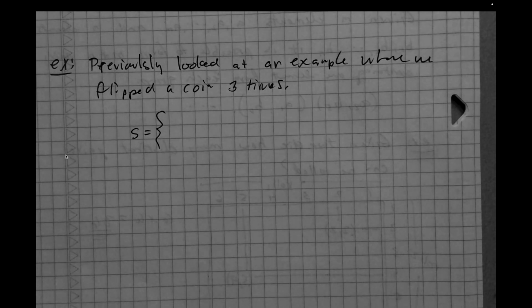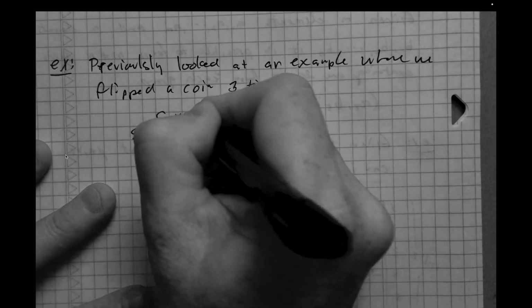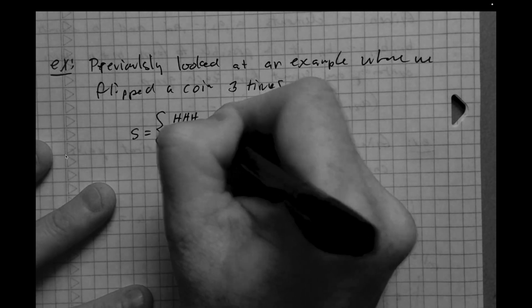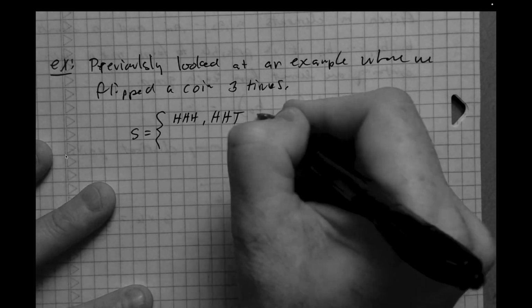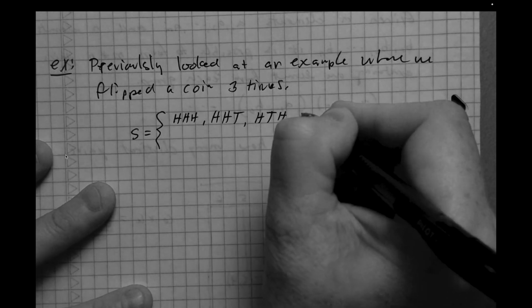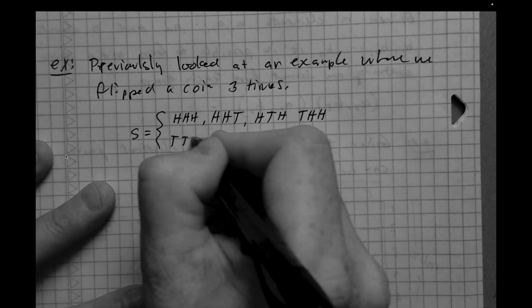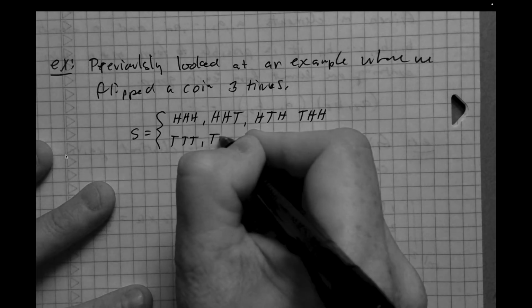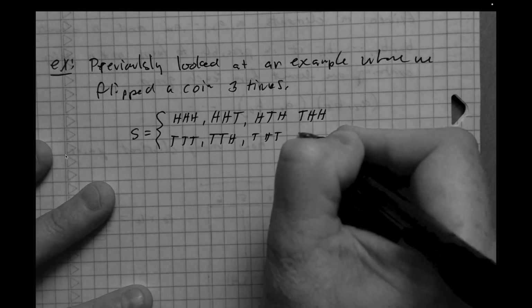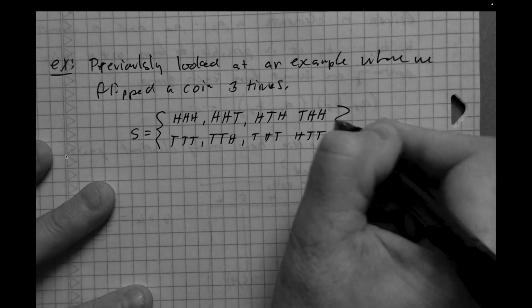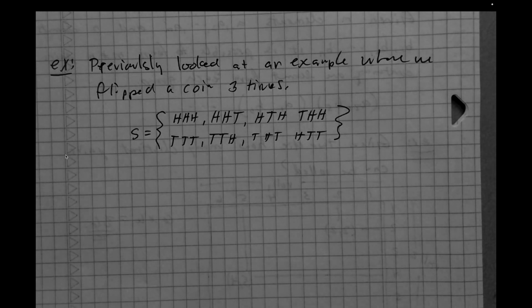We just figured out what they look like and wrote them all out. And they look like this: heads, heads, heads, heads, heads, tails, heads, tails, heads, heads, tails, tails. And then we did it from the other direction: tails, tails, tails, tails, tails, heads, tails, heads, tails, and tails, heads, heads. Okay, so that's what we got last time when we looked at this problem in the previous lecture.